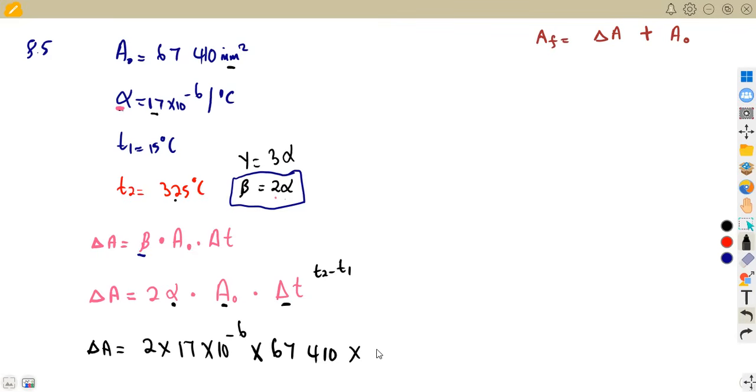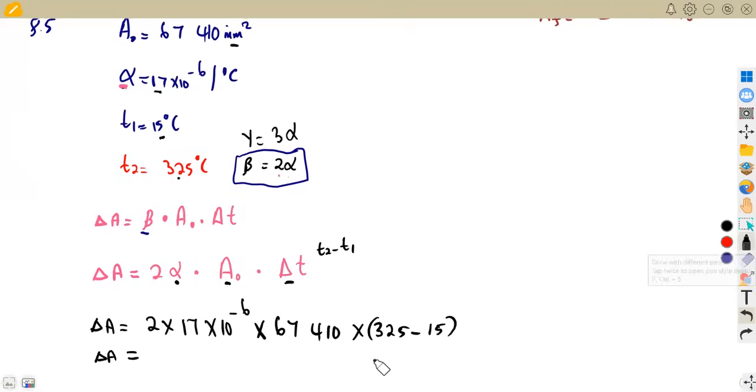So it's 325 minus 15 degrees Celsius, our initial. We are going to obtain an increase because that's a positive value. So in this case, we obtain our change in area as 710.5014, something like that.